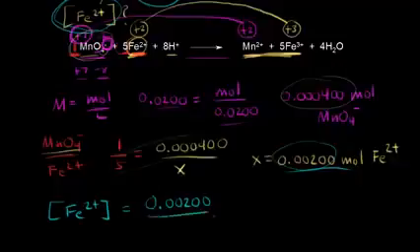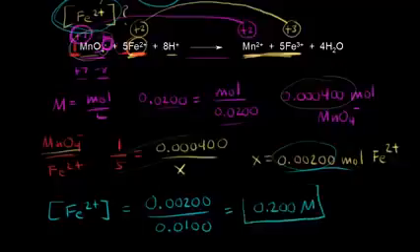We started with a total volume of 10 milliliters, which is equal to 0.01 liters. So we have 0.01 liters here. And 0.002 divided by 0.01 is equal to 0.2. So this is equal to 0.2 molar. And so that was the original concentration of iron 2+ ions in solution.